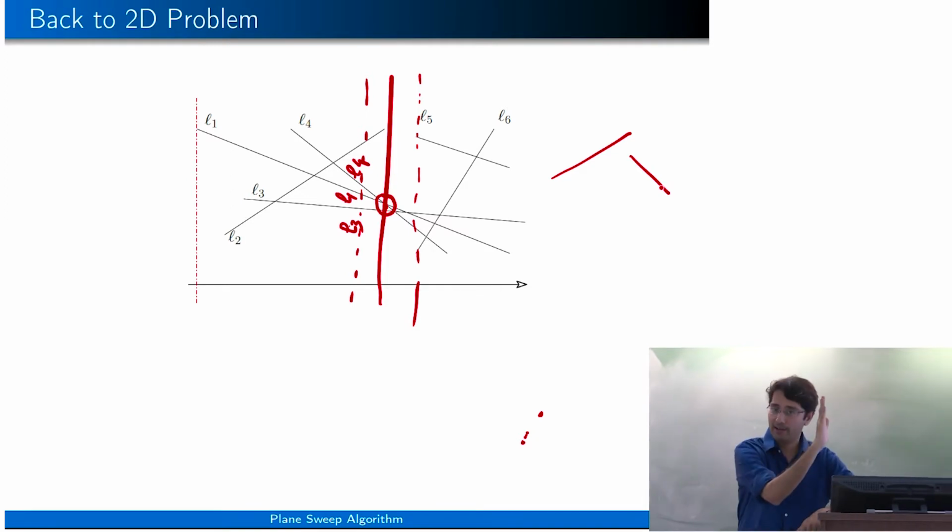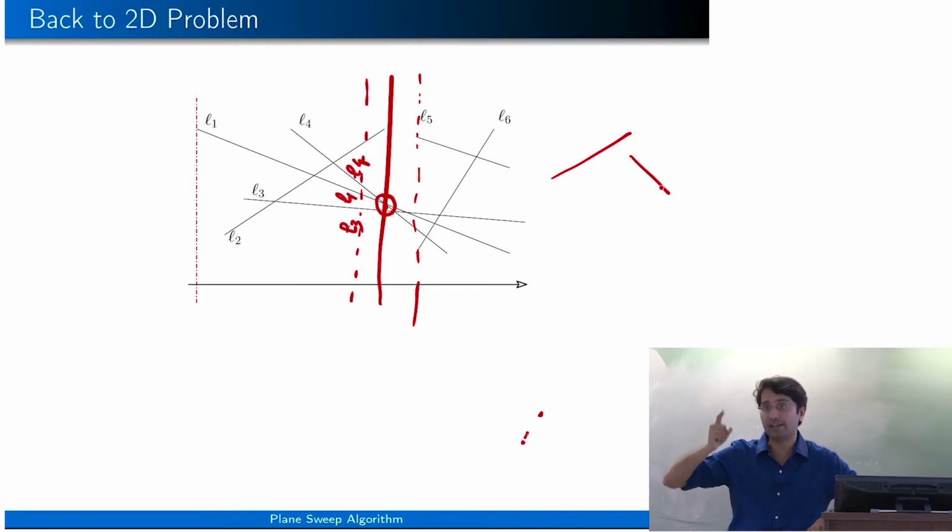I will scan the input from left to right, and what will I maintain? What is the status that I would like to maintain? Not only the active lines, but the order of the lines along the sweep line, right?